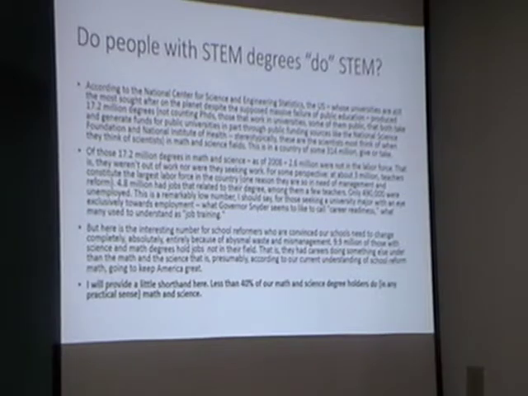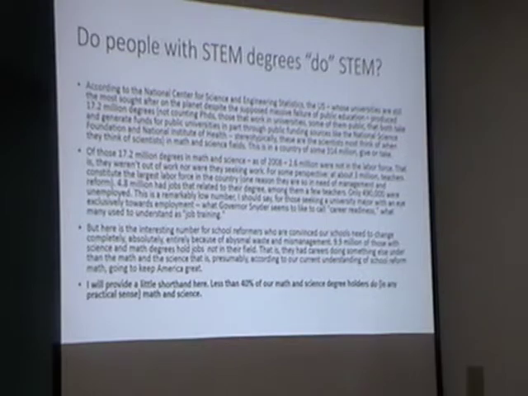But again, if we skip down, what I want to point out with the National Center for Science and Engineering Statistics is that less than 40% of our math and science degree holders do, in any practical sense, math and science at their jobs. That makes sense? This is amazing.